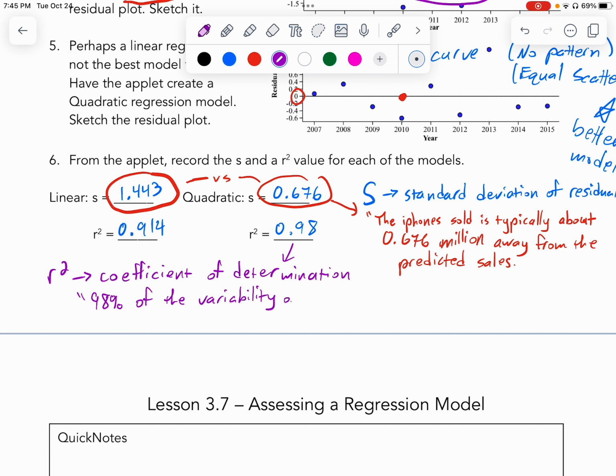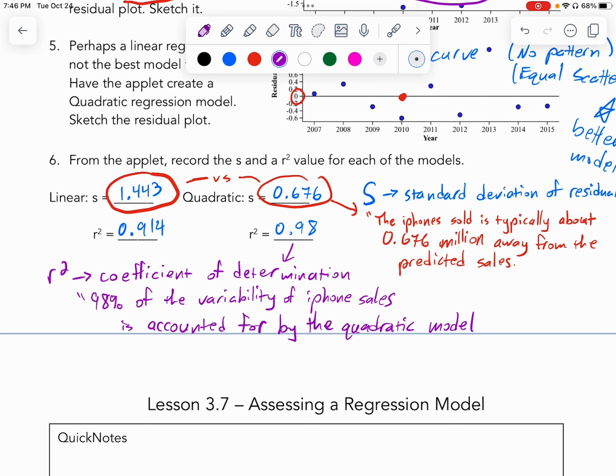of iPhone sales is accounted for by our model, by the quadratic model. Which is good.